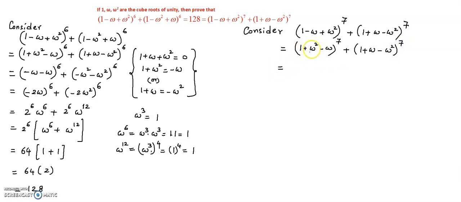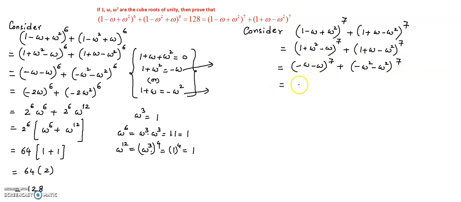So 1 plus omega square, again from the condition of sum of the cube roots of unity equal to 0, we can write 1 plus omega square as minus omega. We already have minus omega, this is whole power 7, and 1 plus omega we can write as minus omega square, and we have minus omega square there already, whole power 7.